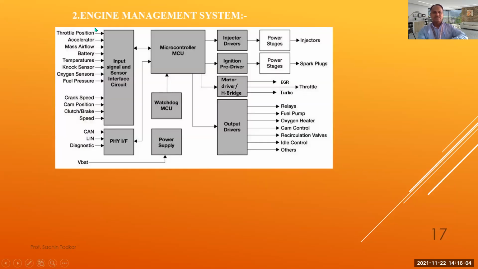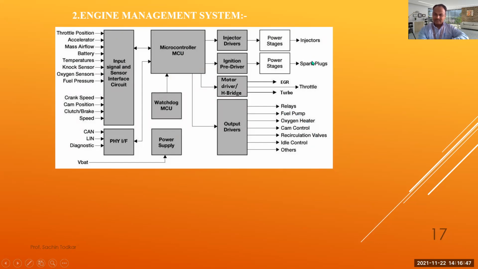Then engine management systems. In engine management systems of all new vehicles, we use many sensors: accelerator, mass airflow, battery, temperature, NOx sensor, oxygen sensor, fuel pressure sensor. Every sensor is there to give input signals to the interfacing device. The microcontroller will work for that system and it will help us drive the output drivers like relays, fuel pump, oxygen heater, cam control, recirculating valves, idle control, and other functions.